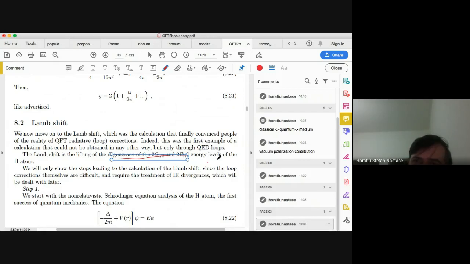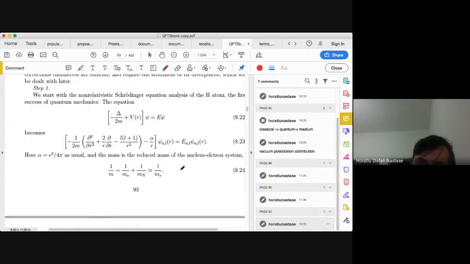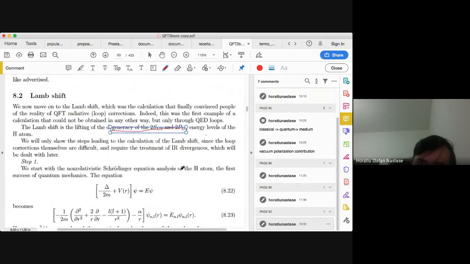So if you don't remember, the notation is: 2 is the total angular momentum, J, and 1/2 is the spin, and S and P refer to the total quantum number of the hydrogen atom, N. So S means the ground state, and P means the first excited state.